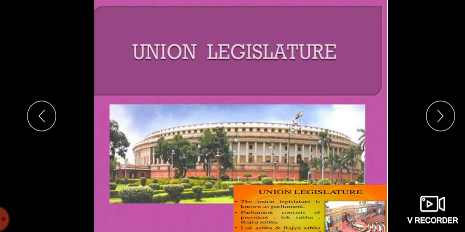When we move on to the non-federal or unitary features, the Constitution of India has certain unitary features which have led critics to say that it is not merely federal in form but unitary in spirit. Some of the unitary features of our Constitution are: first, a strong center.